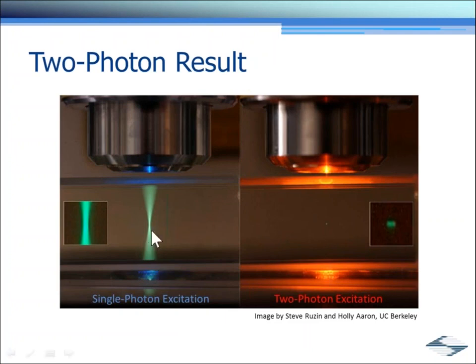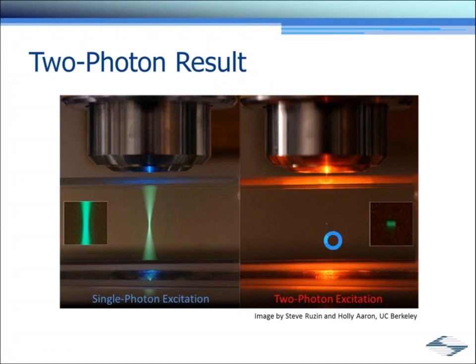We see that there is a focal region right here, but above and below we also see a large spread of the beam. In other words, as these photons are coming in, any photon that hits the fluor will excite it and cause it to then release an emission photon. And that happens all the way through the axis of the optical path here.